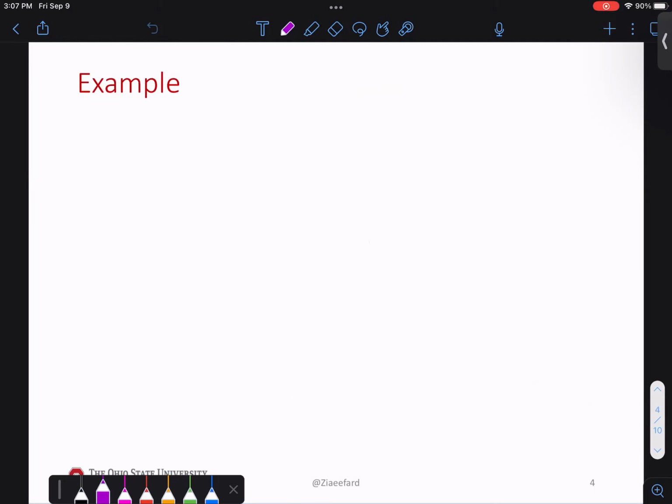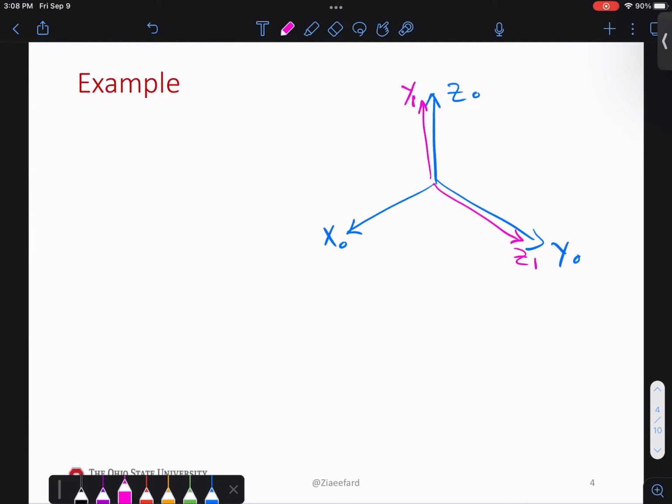All right, quick example of what all these mean. If we draw our original axis, and then if we rotate this frame to some other frame, let's say my new frame is going to be Y1, then Z1, and then X1, right?